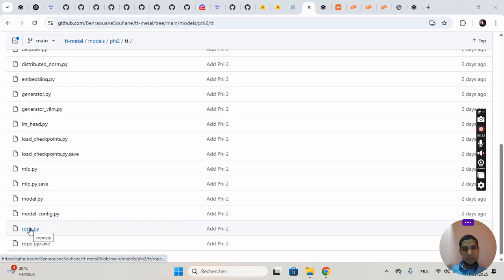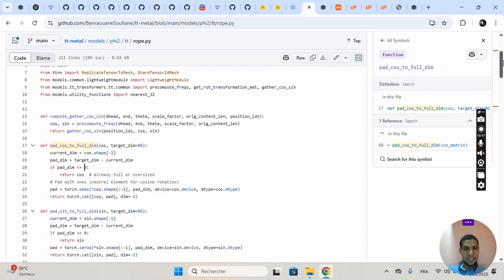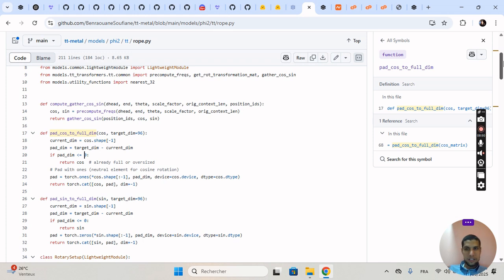Just because of compatibility between shapes, I have padded the cos and sin matrices to fill in, depending on the type, cos or sin, with padding that has no impact on the final result, just to meet the shape requirements.